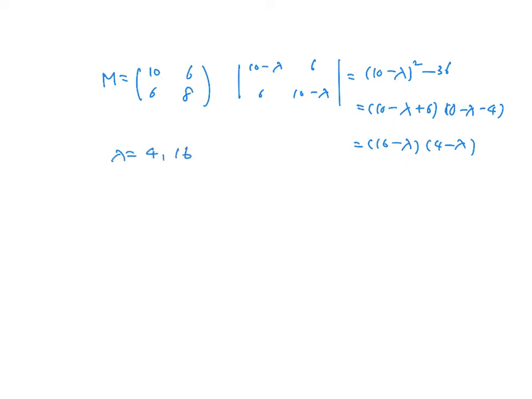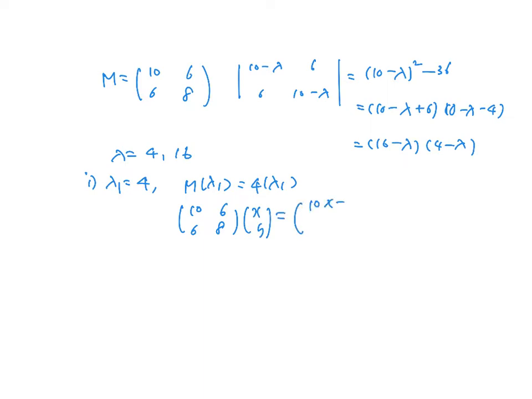So we start with lambda 1 is 4. Then we need to find the normalized eigenvectors. So M acting on the vector x, y is 4 times x, y: 10x plus 6y, 6x plus 10y equals 4x, 4y.